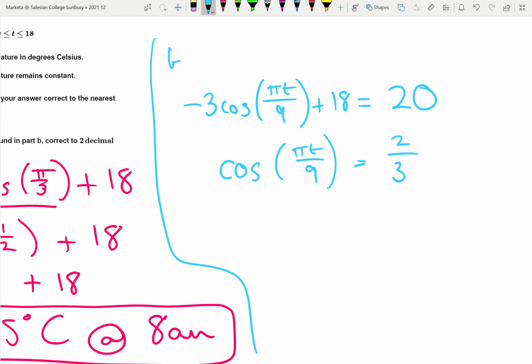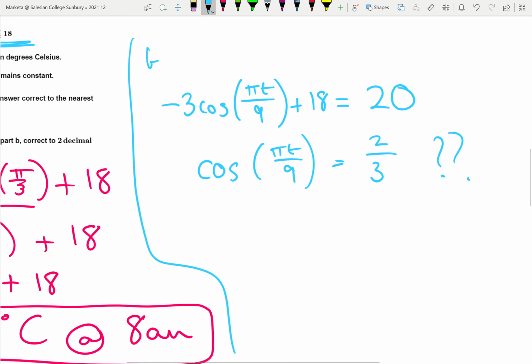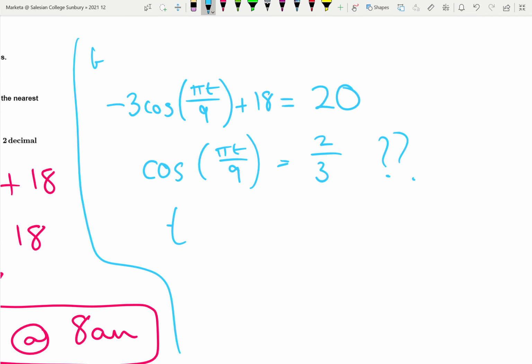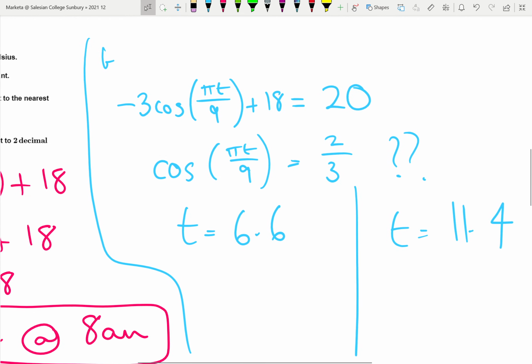And, well, this is a value that's not in the table of exact values, so it tells you that you're absolutely using CAS here. So if we solve on CAS and we would use the domain, we're going to get T equals 6.6 and t equals 11.4. And you cannot leave it like that. It's asking you at what times of the day to the nearest minute is the temperature 20 degrees.